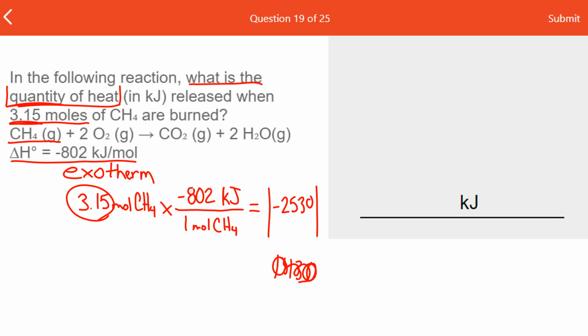Yes, ma'am. You can do it in scientific notation. So that would be like 2.53 times 10 to the third.